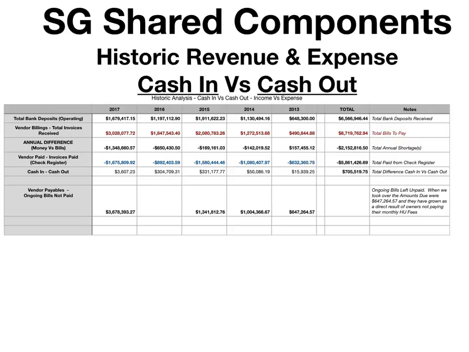So on the chart at the first line, you see total bank deposits. This is the total amount of money that we received in the operating account at the BB&T Bank for the SG shared components. An example, if you go back to 2013, the revenue was about $648,300.